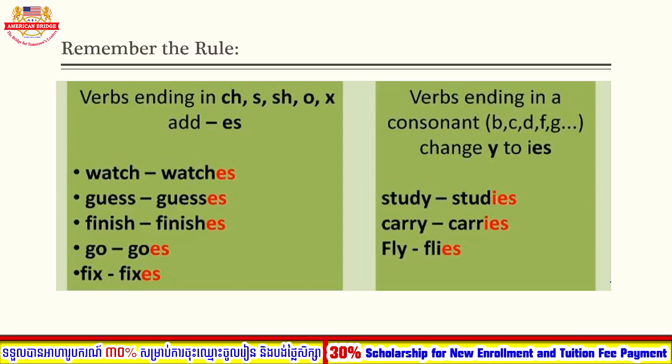Look like this one, watch. Watch, this one ends with the letters ch, right? Okay, so you need to add es. And another word is guess. So guess, this one ends in s, that's right, you need to add es also. So teacher knows that you remember that one already, right?